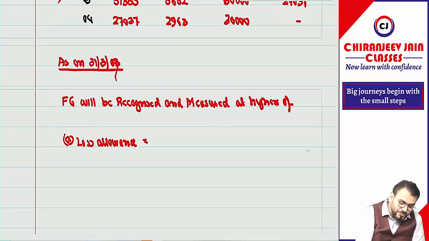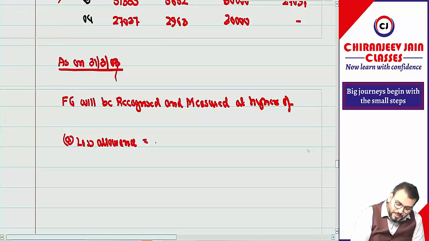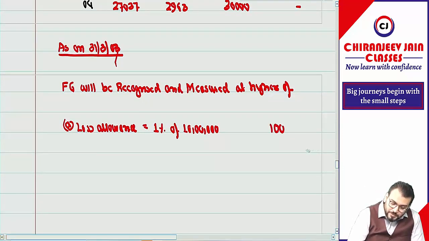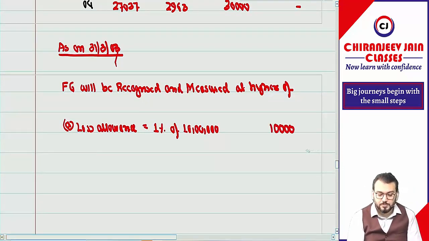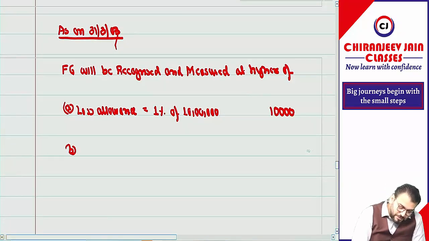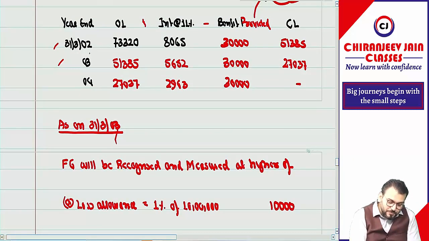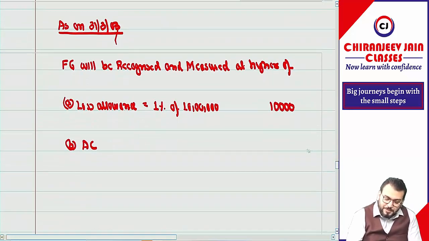They have given 1%, so 1% of 10 lakh, that is 10,000. And B is the amortized cost as on the end of this year, that is 51385.